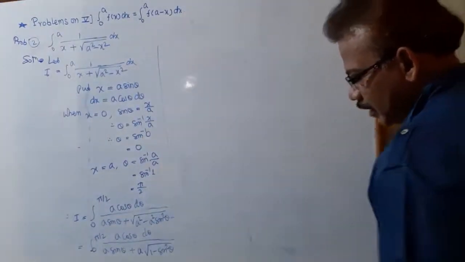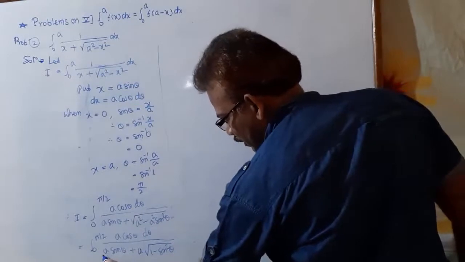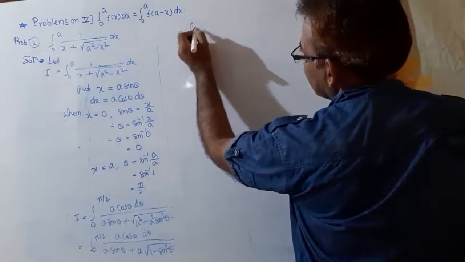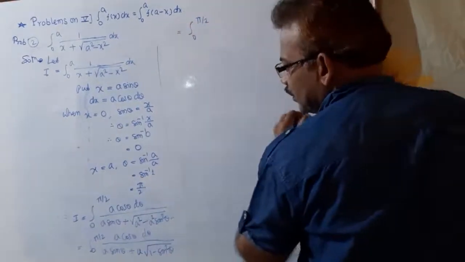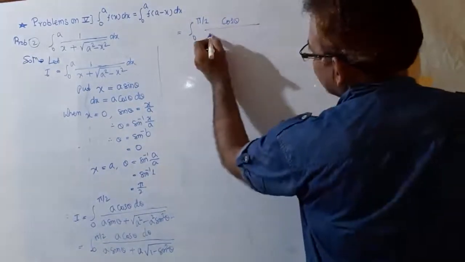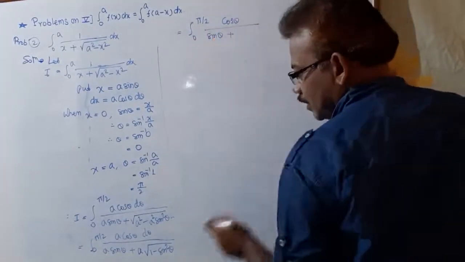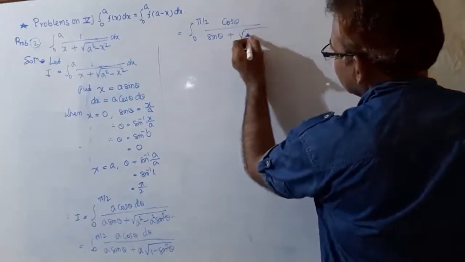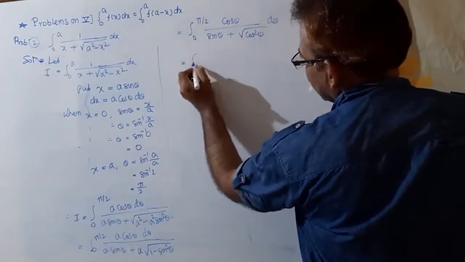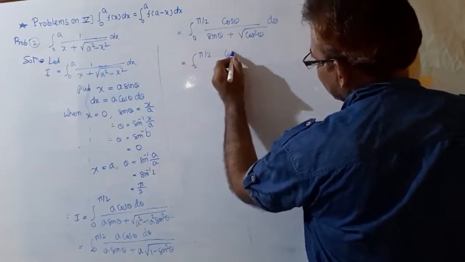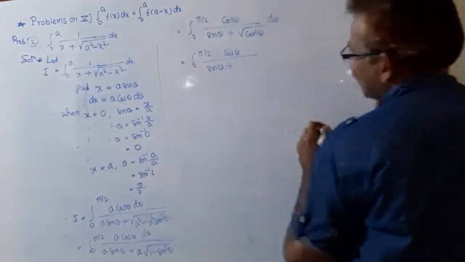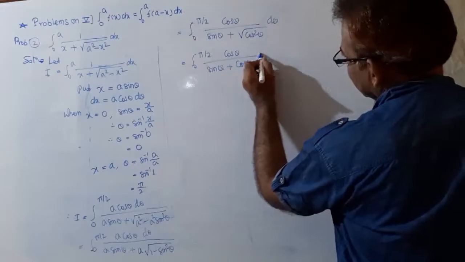Taking a common, the a's cancel throughout, and we get integration from 0 to pi by 2 of cos theta divided by sin theta plus square root of cos square theta, which is cos theta, d theta.